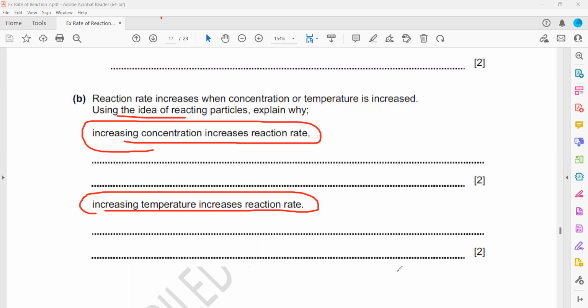That's right. And for temperature, increasing the temperature increases the kinetic energy or speed. More particles collide, more successful collisions, and a greater proportion of the particles have energy more than activation energy. Don't forget this sentence, that a greater proportion of the particles have energy more than activation energy.